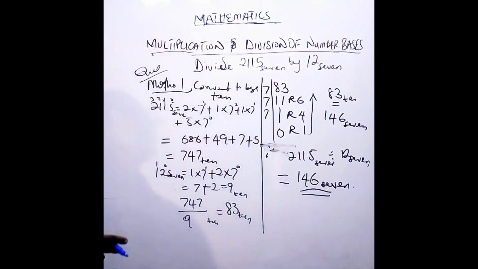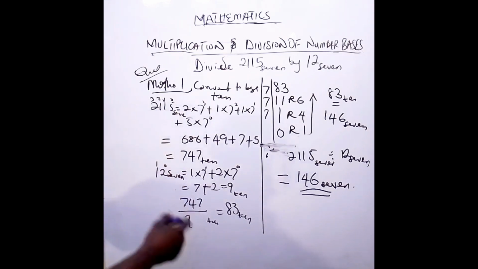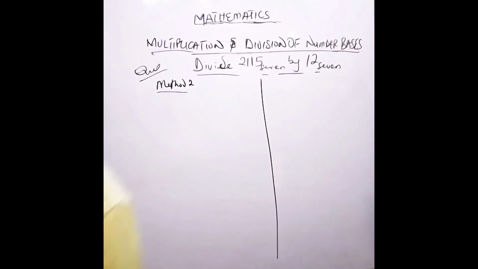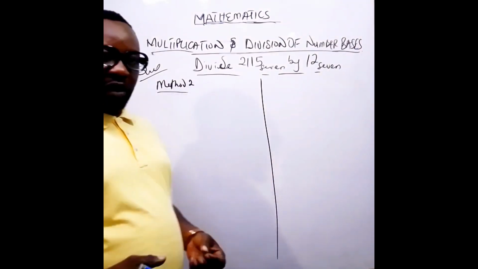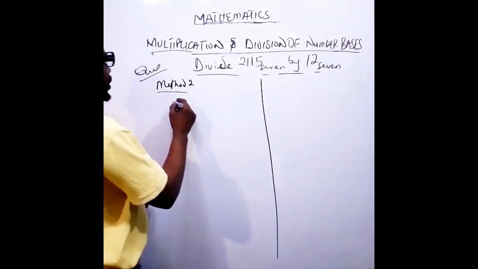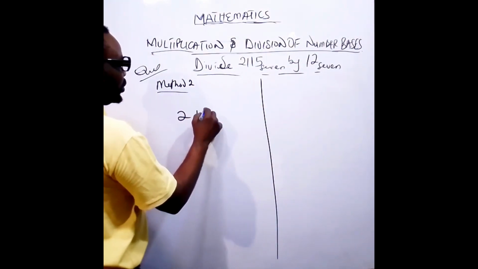We are going to use the other method to solve this division now. So let's see what we are going to get there. Making use of this second method to do this division in base 7, we're going to do it this way: 2115.